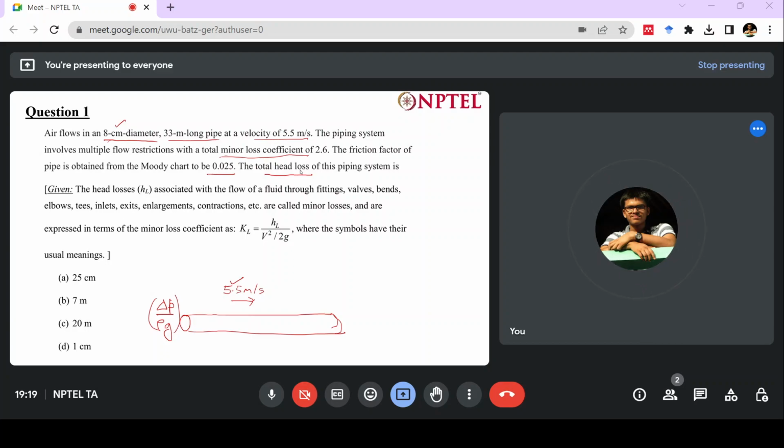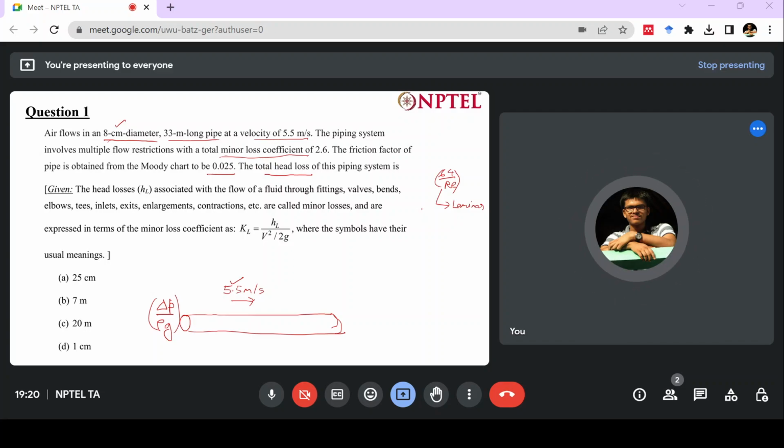How do we go about finding this? Very simple. Our friction factor is given as 0.02. Here we are not using 64 by Re. The reason might be that the flow may not be laminar at this velocity. 64 by Re is only used when it is laminar.